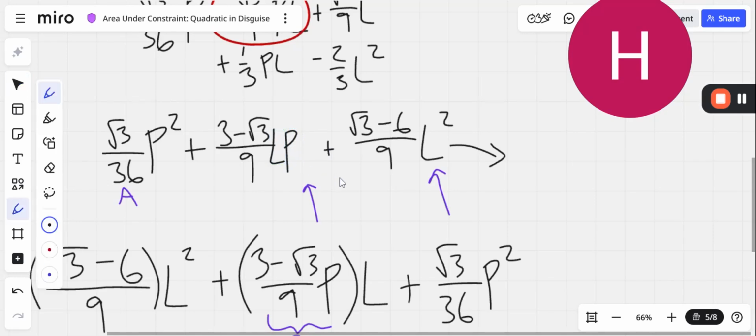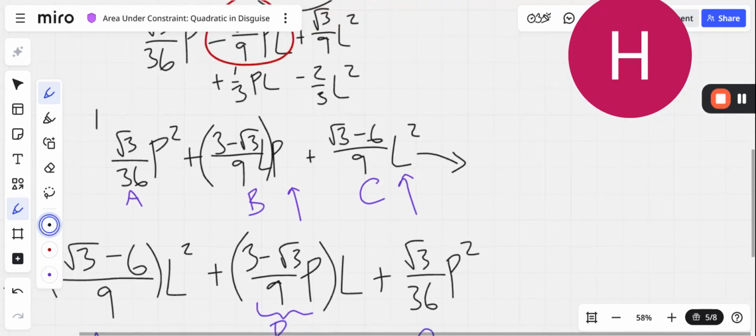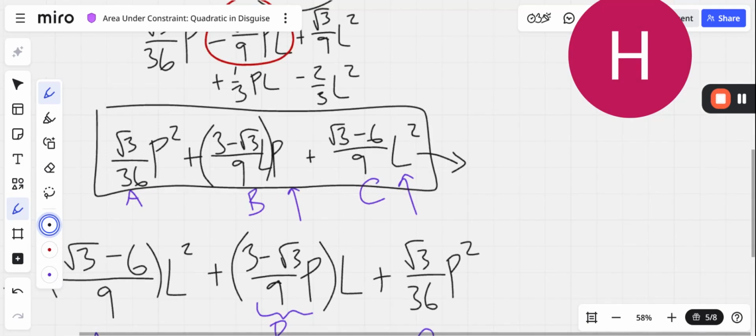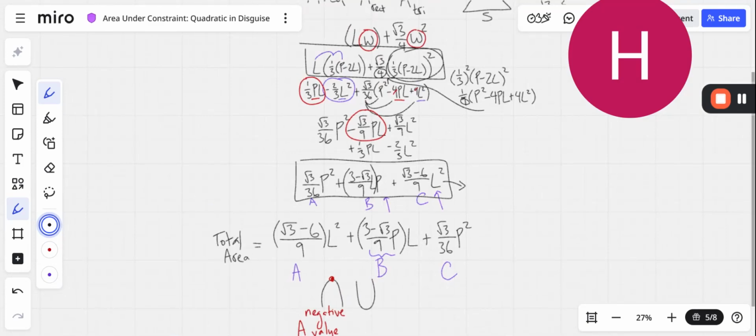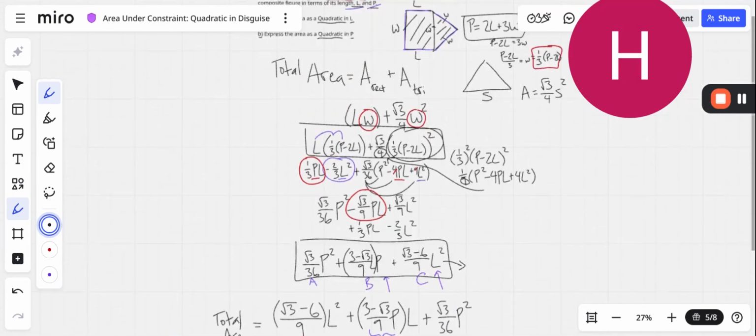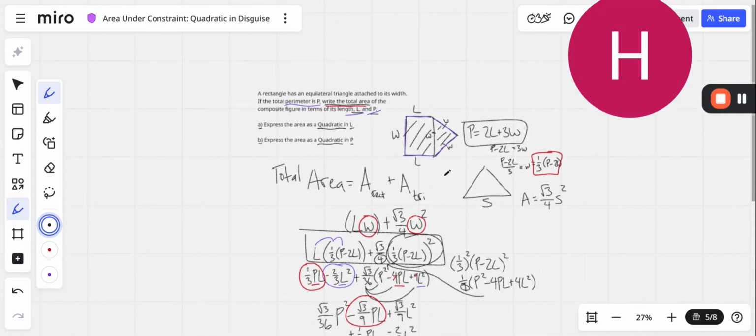If I just do a little bit of rearranging here and put this as the coefficient on P, that would be my B value. And then this will be my C value, right? So either way, we could express this as a quadratic in P or a quadratic in L. But to see the quadratic come out of this constraint is really quite a fascinating quality.